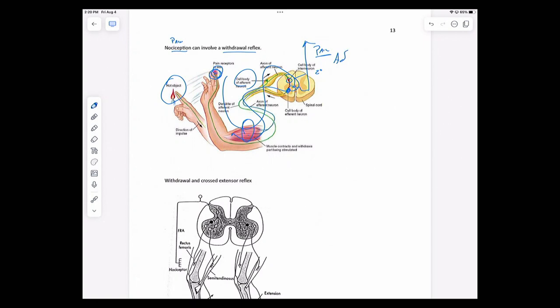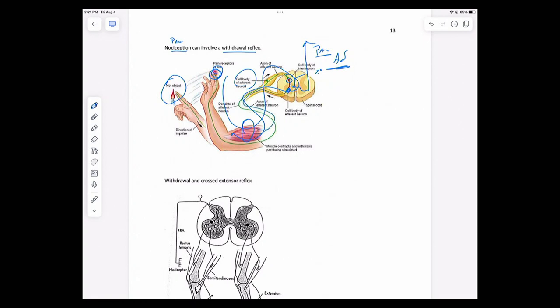So it is the case that you are pulling your hand away from the hot object before you're aware of the pain. That's how quick this system is. And because we're dealing with A delta fibers and not C fibers, you don't perceive the lag. But there is a lag.